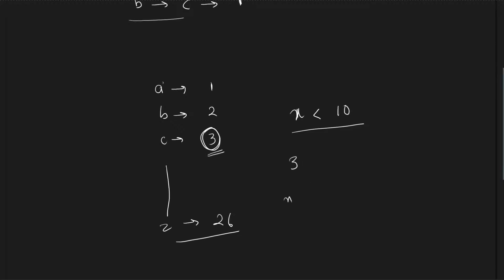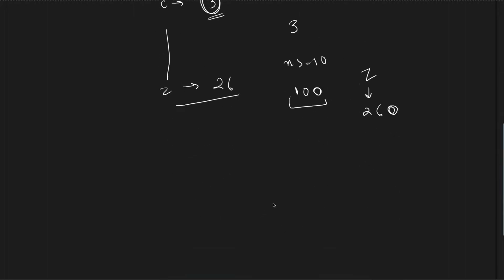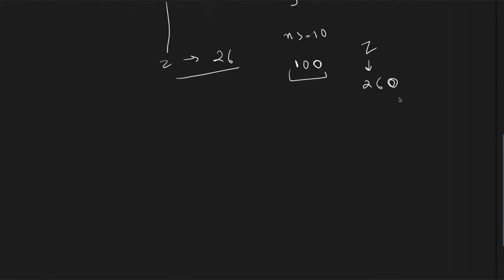If it is greater than or equal to 10, like for example, if the value of x is 10, a 0 is added to the end of it, so it would be written as 100. So if we have Z, it would be converted to 26, and since this is greater than or equal to 10, it would be encoded as 260, right? So this is the whole question. We have to find the initial string s.